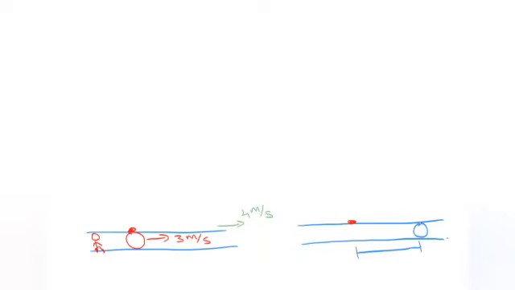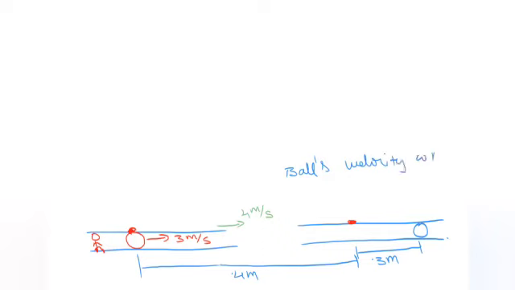This distance is 3 meters, whereas from here to here the distance is 4 meters. And you can declare that the ball's velocity with respect to the ground is 7 meters per second. Not an issue. Okay, that's easy to do.